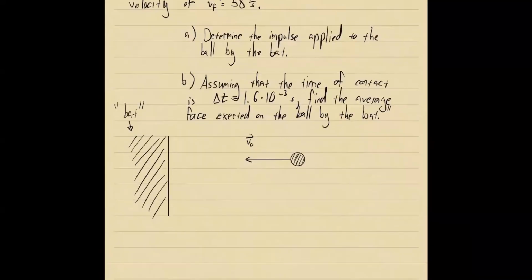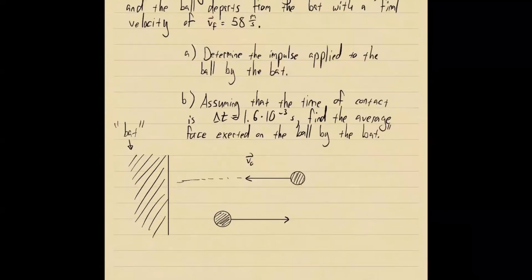And then after it gets hit by the bat, the ball ends up going in the other direction with a final velocity of 58 meters per second.